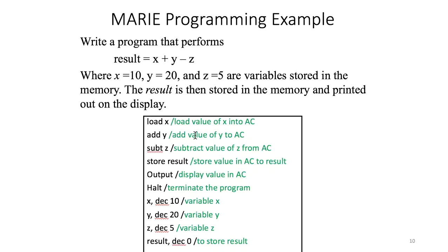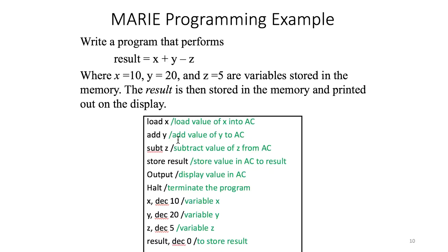So how can we write this program in a MARIE simulator? Basically the first command we use is load x. So the value in memory at the address x will be loaded into the AC, and then we perform add y.